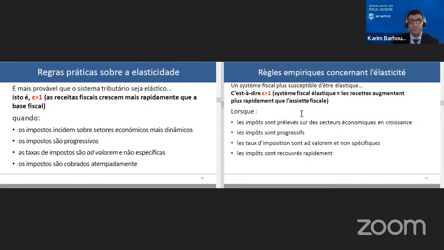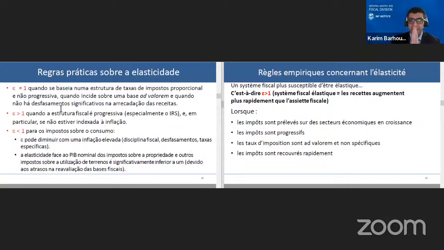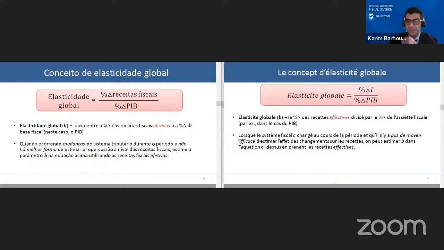Now, remember, when we discussed the elasticity, we made a strong assumption that there is no change in the tax system, right? Now, when the tax system has changed over time, and there is no good way to estimate the revenue effect of those changes, we can estimate the buoyancy using the actual revenue, as opposed to what you mentioned previously, no change in the tax scenario used for the elasticity.